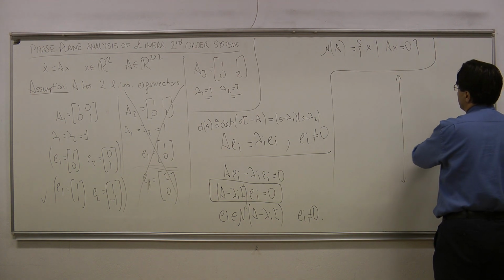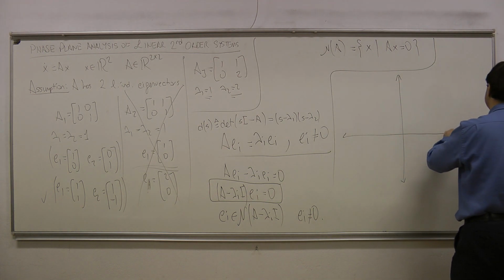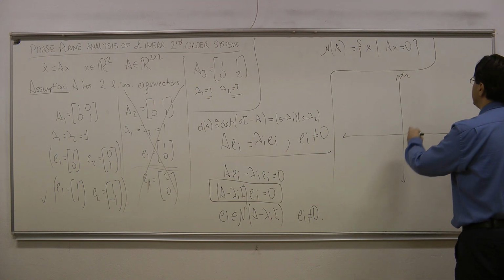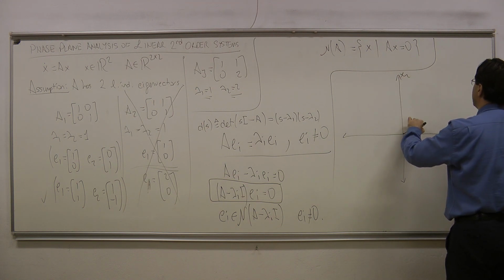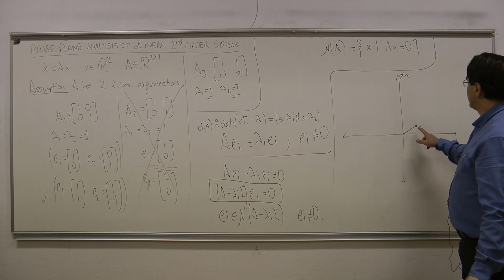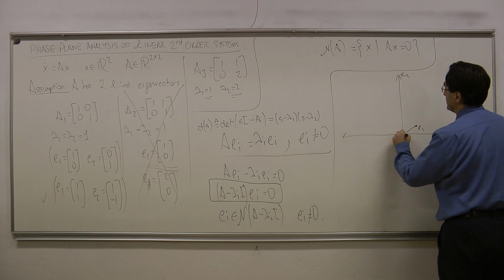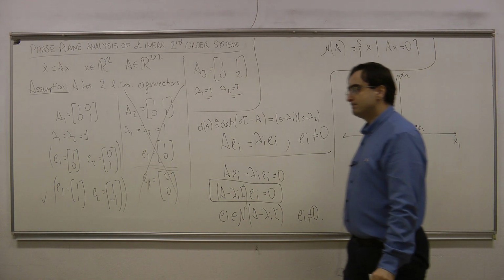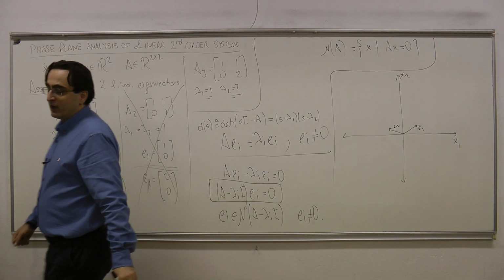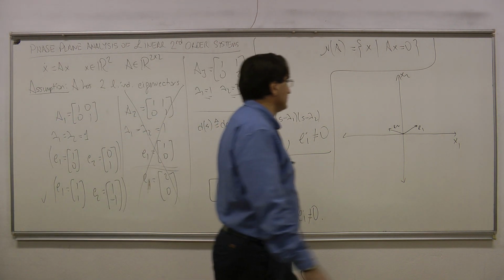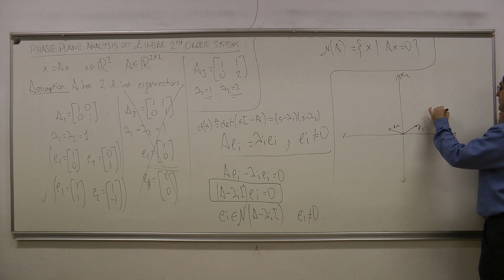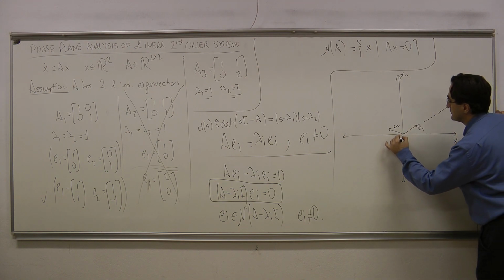Suppose that this is my two-dimensional phase plane, x1, x2, and suppose that these are my eigenvectors. Suppose that I first put the first eigenvector here, and let me say that this is my second eigenvector, e2. Now I will draw some lines here, passing on top of the eigenvectors.